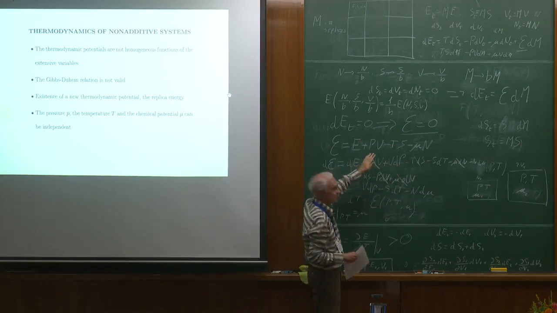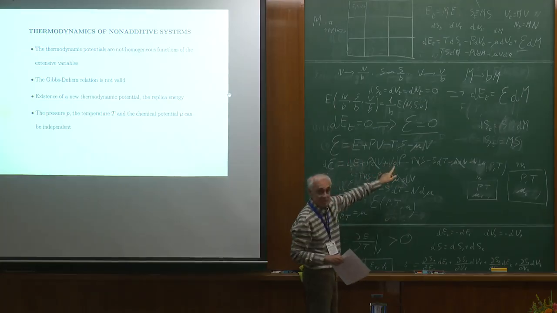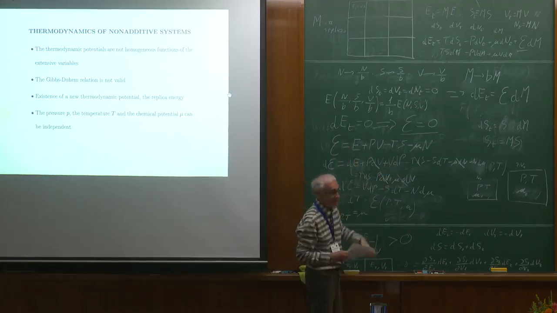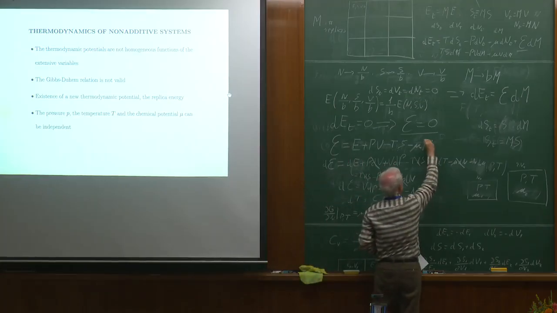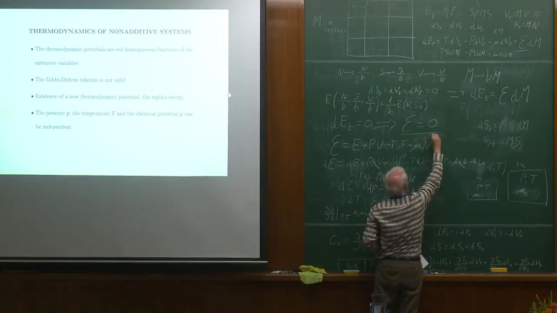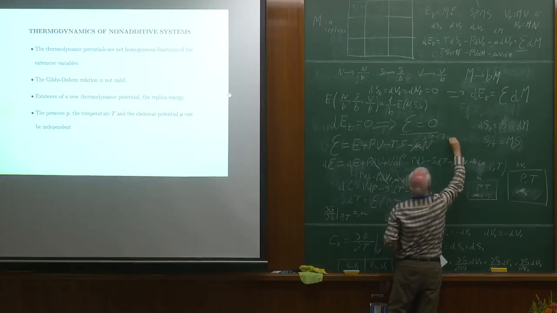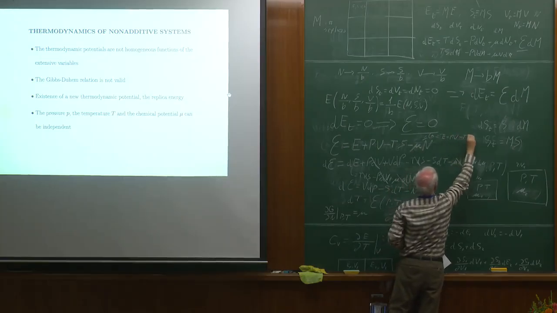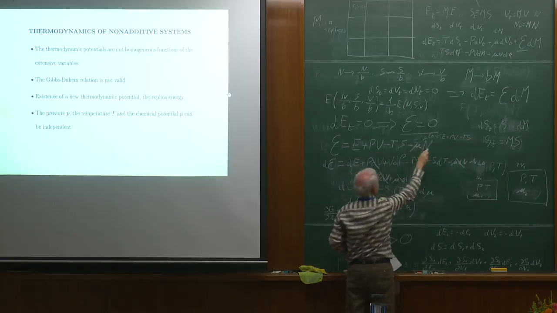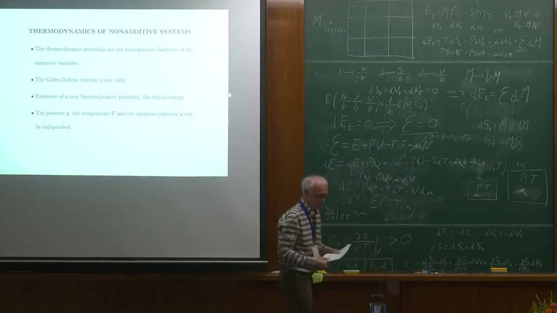This is the addition of the thermodynamic potential. This is epsilon. You see that this is 0 for a short-range system because this is equal to G. We saw it before. But G is equal to E plus PV minus TS. So you have G minus G equals 0.